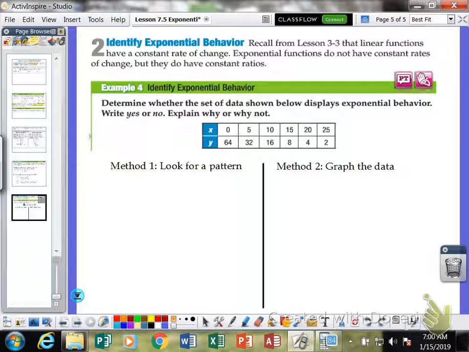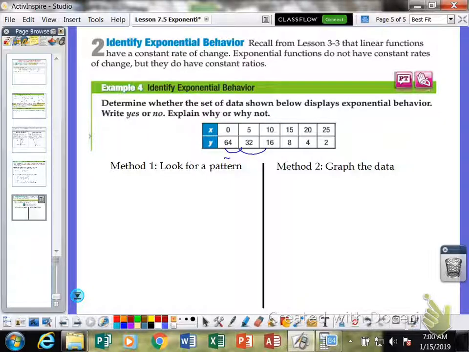And the last one, identify exponential behavior. Recall that linear functions have a constant rate of change. Exponential functions do not, but they have constant ratios. Determine whether the set of data shown below displays an exponential behavior. Write yes or no and explain why or why not. Look for a pattern. I'm looking at this and I notice that 64 to 32, 32 to 16, I'm dividing by 2.